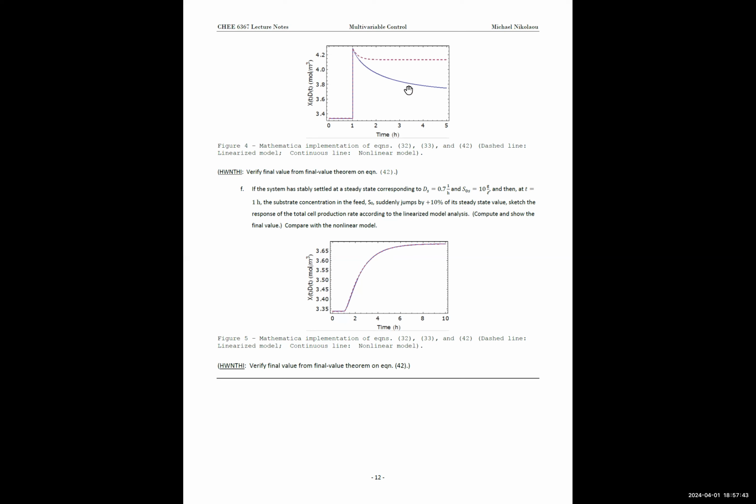Here, linearized and nonlinear have significant discrepancy. Is this detrimental for control purposes? Maybe it is, maybe it isn't. That is more for an advanced course that looks directly at nonlinear systems. Our analysis will remain valid for linear systems, but we'll do some robustness analysis, which says I can tolerate some discrepancies between model and process, and we'll see all that in the coming lectures.